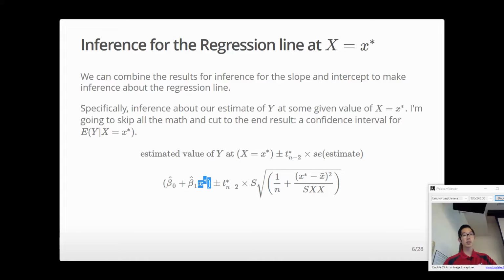If I just said, give me your point estimate at x equal to x star, this is our estimate right here, plus or minus t star times the standard error of this estimate. Again, I've skipped the math showing how we got here, but this is what we have. Good?